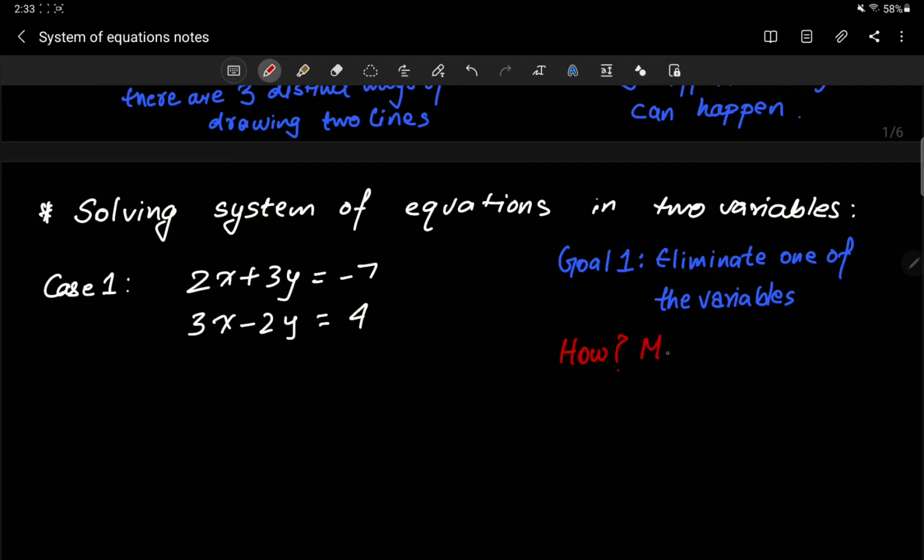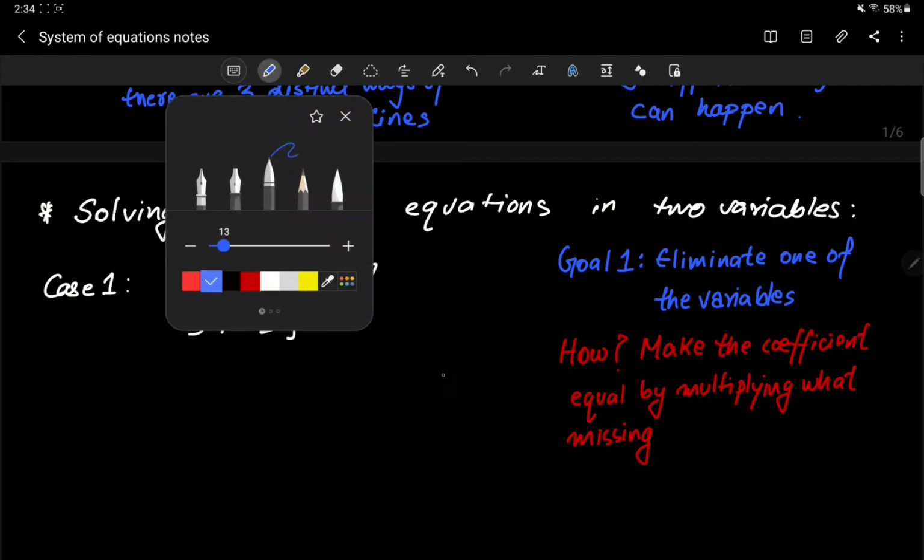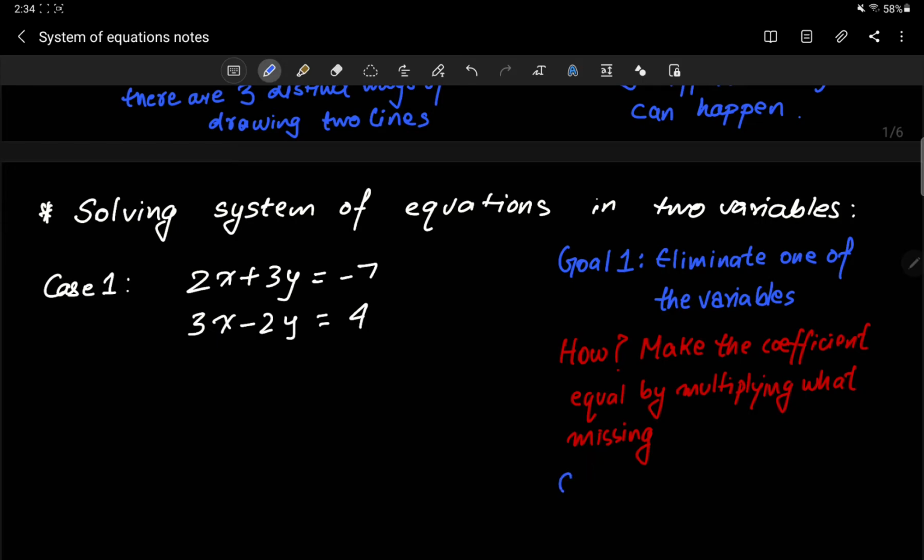Okay, I want to eliminate one of the variables, and how do I achieve it? I make the coefficients the same or equal by multiplying what's missing. And then the second goal is much simpler.